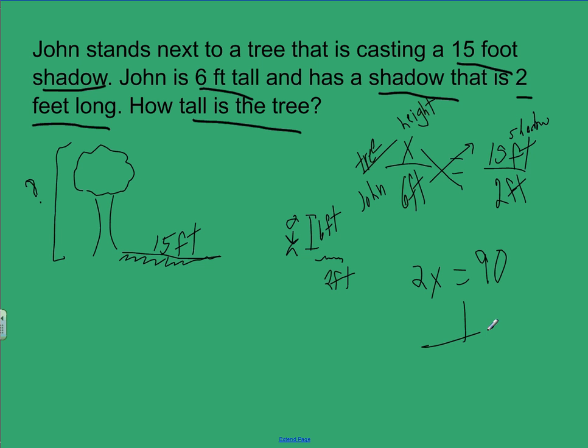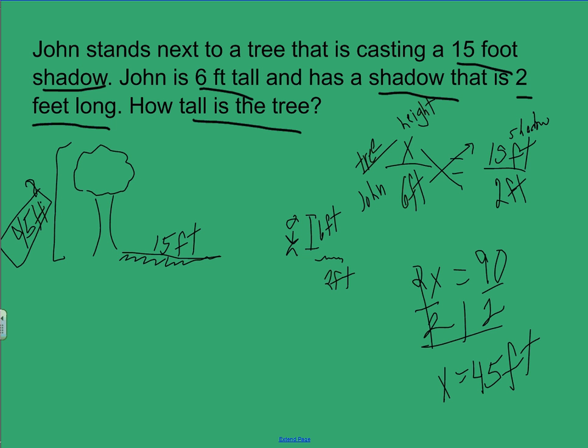We use algebra to solve this and end up with x equals 45 feet. That tells us the height of the tree. Here is where you ask yourself, does that actually make sense? Do you think a tree would be about 45 feet tall? Well, yeah, that does. That makes a lot of sense.